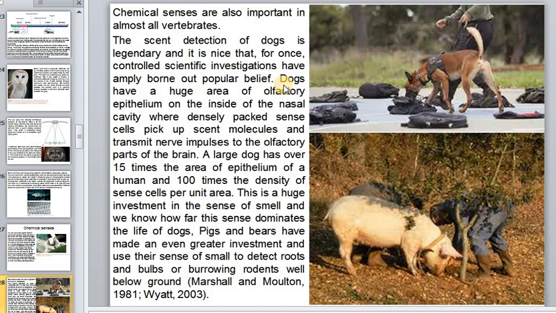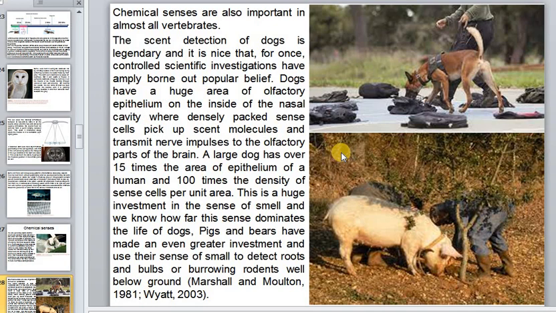Dogs have a huge area of olfactory epithelium on the inside of the nasal cavity, where densely packed scent cells pick up scent molecules and transmit nerve impulses into olfactory parts of the brain. A large dog has over 15 times the area of epithelium of a human and 100 times the density of scent cells per unit area.